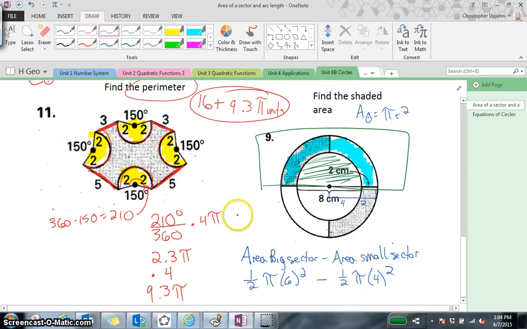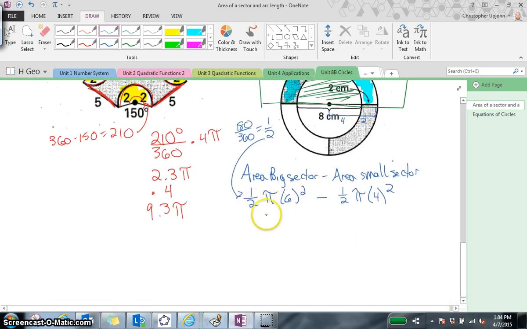And again, it's 1/2 because it's really 180 degrees out of 360. So 1/2, we just simplified it. So we get 1/2 of 6 squared, which is 36, 18 pi, minus 4 squared, 16, 1/2, that is 8 pi. And 10 pi centimeters squared because we're dealing with area.